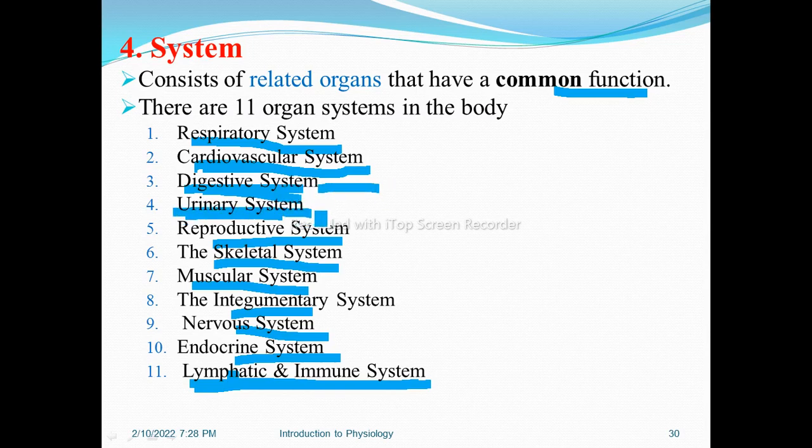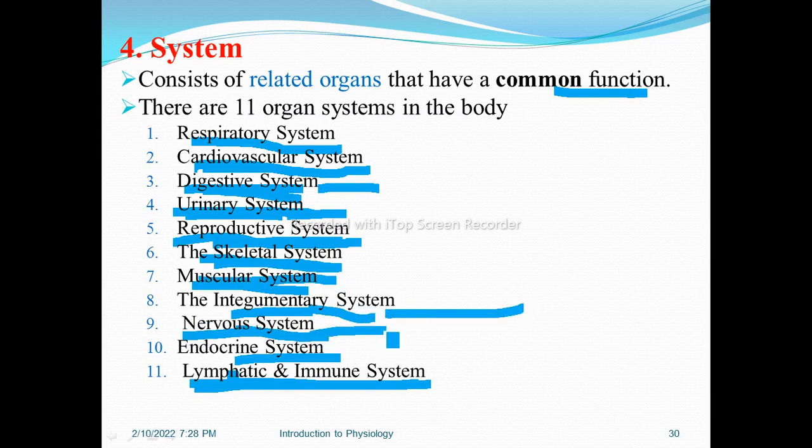The urinary system is important for how urine is formed and how waste products are excreted. How reproduction works is studied under the reproductive system. The skeletal system is about bone, the muscular system is about muscle, and the integumentary system is about skin, the largest organ in the body. The nervous system is about how the brain, spinal cord and nerves function. And the endocrine system is about glands, such as the pituitary gland, pineal gland, thyroid gland, parathyroid gland, adrenal gland, and other types of glands.